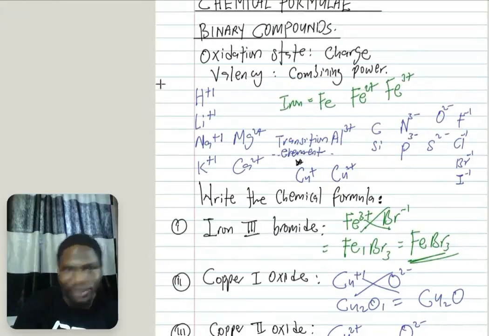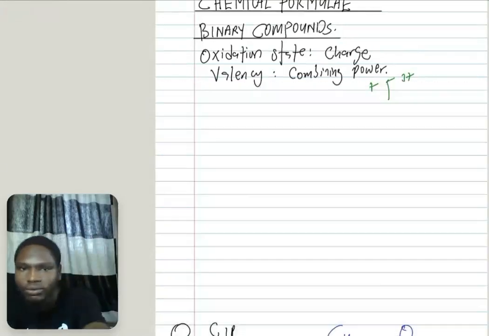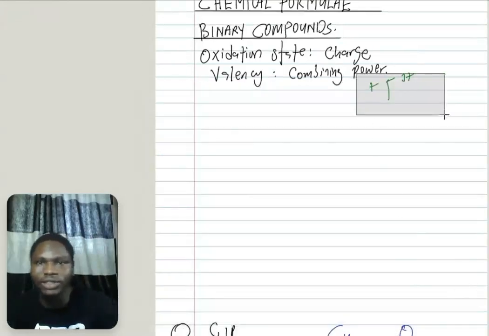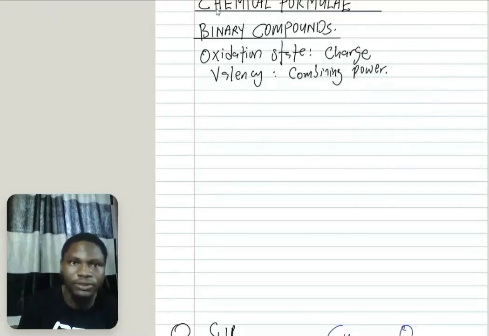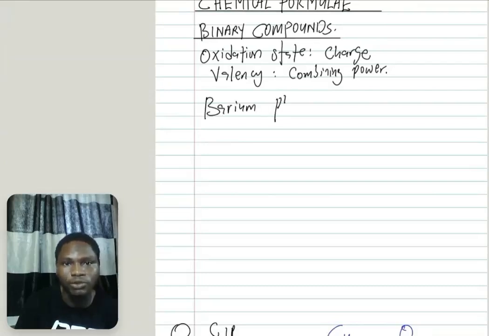Now I will erase all this. Let us take some miscellaneous examples. What if you are having barium phosphide? Barium is in group 2, just where you have magnesium, so it is Ba2+.